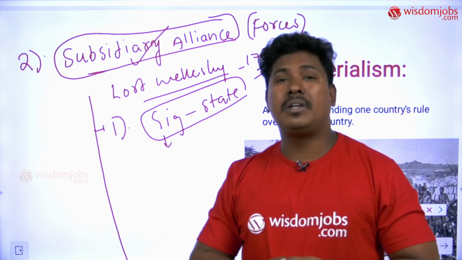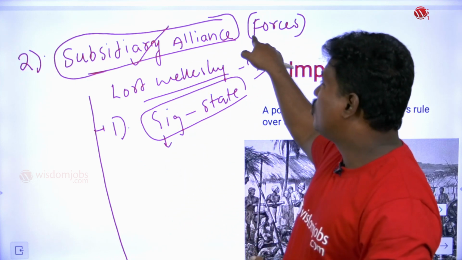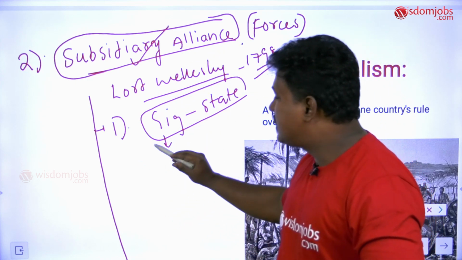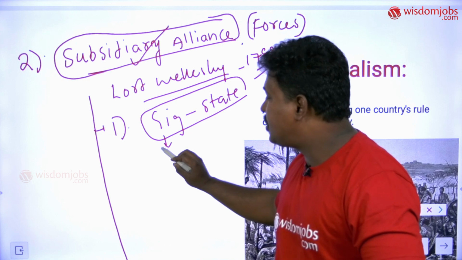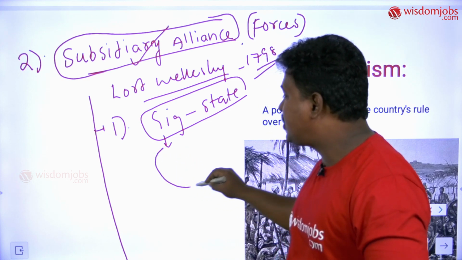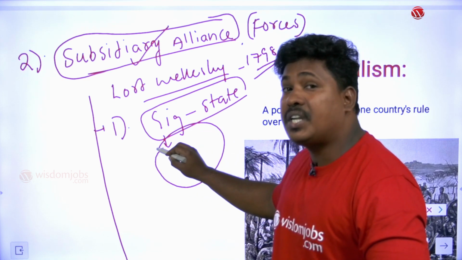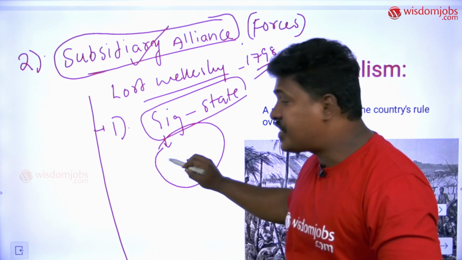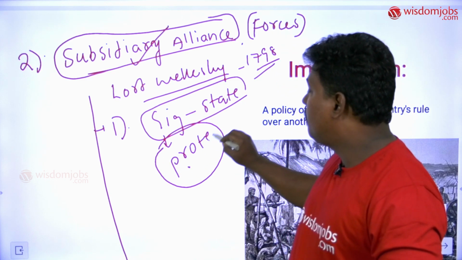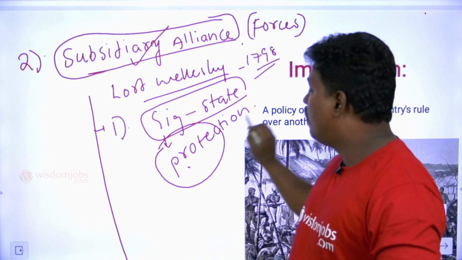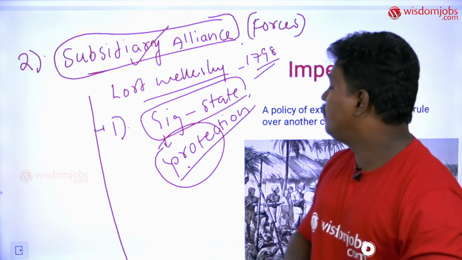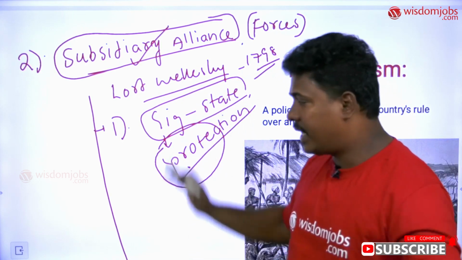The responsibility was of the subsidiary forces. So British forces were stationed around the signatory state for the exclusive protection of the signatory state.